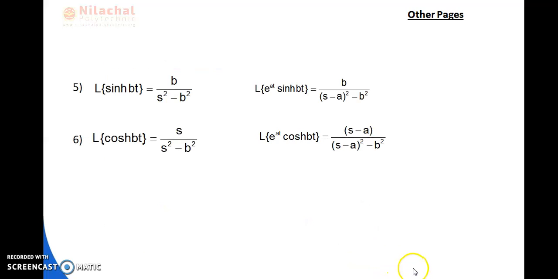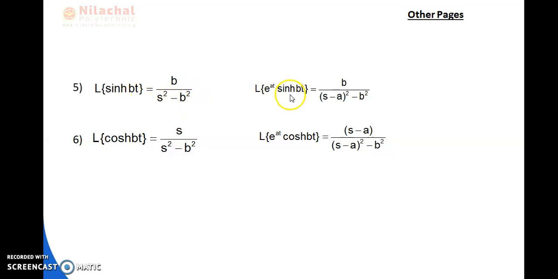Then Laplace of sin hbt. The sin hbt formula is b by s square minus b square. The formula has a minus. When a hyperbolic function comes, you have to remember that it is b by s square minus b square.